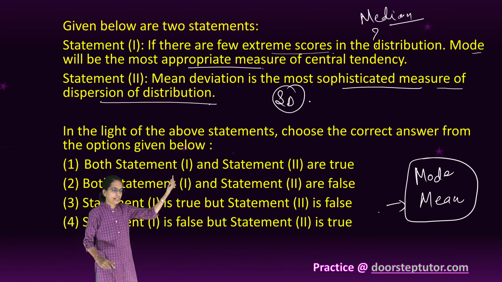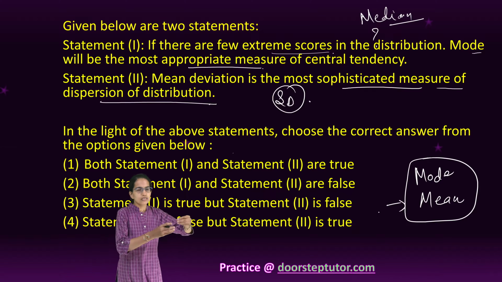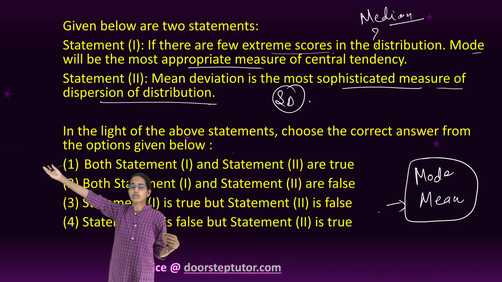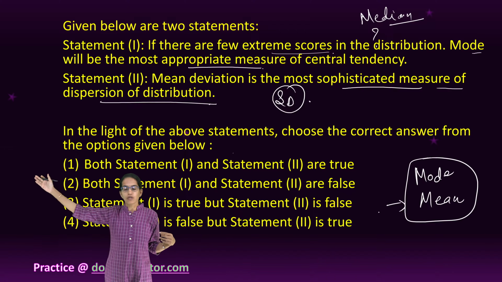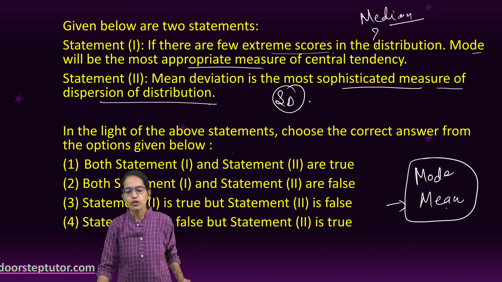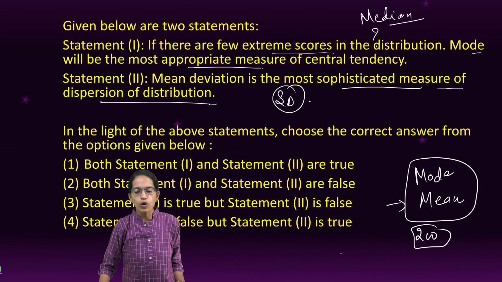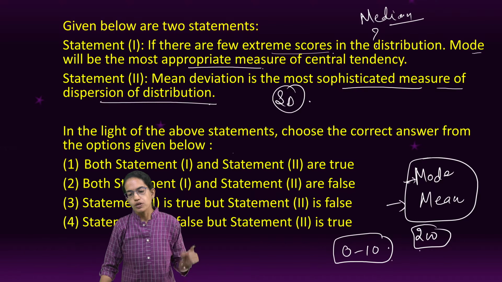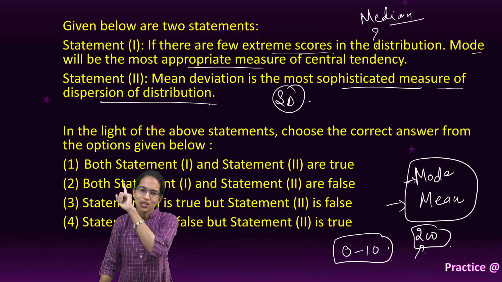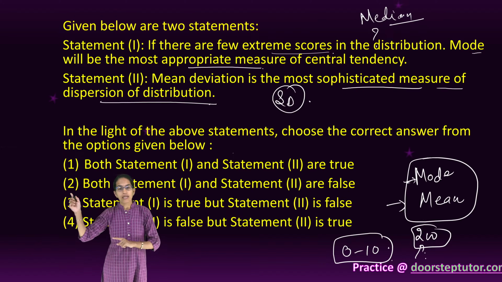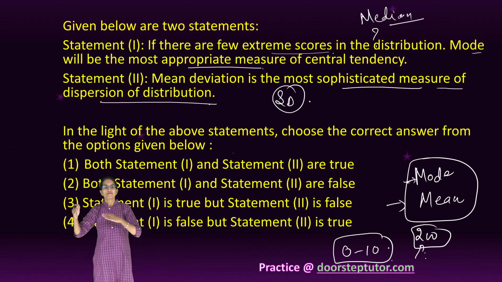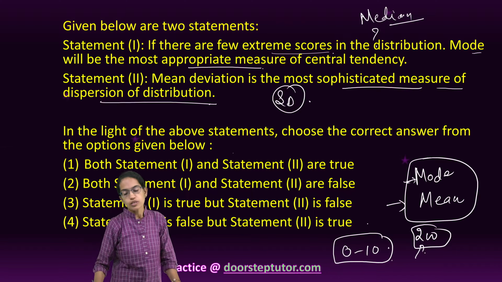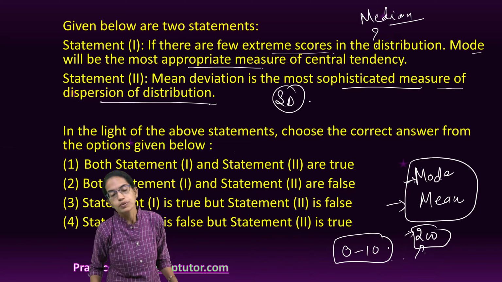So even if there is one extreme value, let's say every value is 0, 10, 15 and one value is 200, so that mean would change because of that value of 200 if all the rest of the values are from 0 to 100. There could be a variation in the extreme scores because some of the extreme scores could be so high.